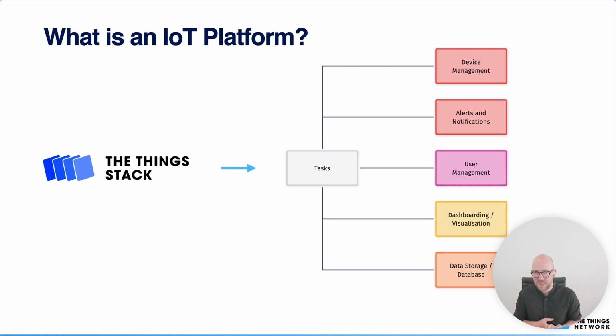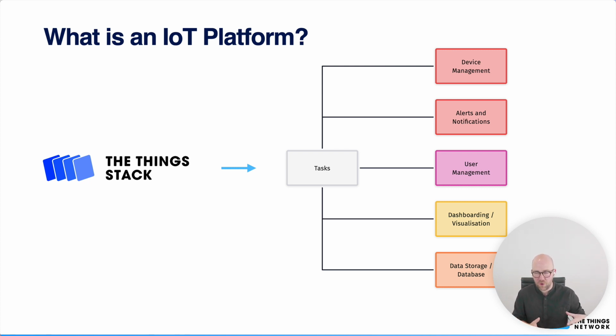So let's continue with the typical tasks of an IoT platform. As mentioned before, the combination of gateway, sensor, and LoRaWAN network server brings your LoRaWAN devices into the internet. You want to build dashboards, and you need device management if you have a couple of devices online. So the responsibilities of an IoT platform are device management, alerts and notifications if you want to send SMS notifications, user management if you want to invite your colleagues or even customers to have access to the devices, dashboarding of course, and data storage.